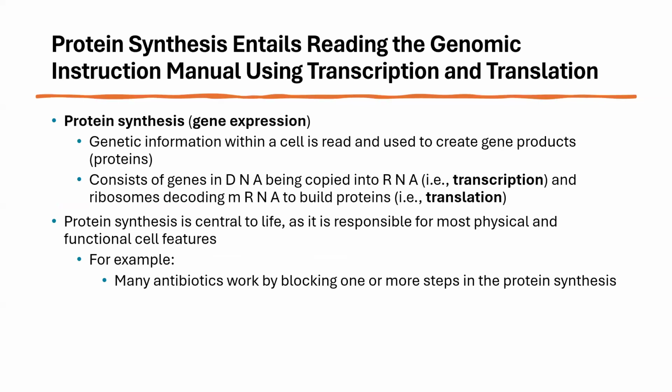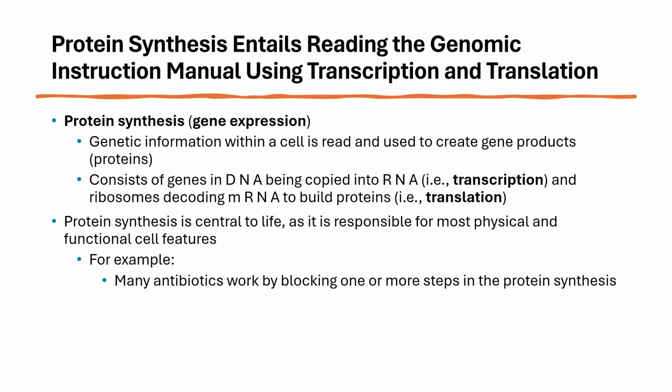So let's start out with just some basic explanation. Protein synthesis, which is what is necessary to actually express genes, is when we take genetic information within a cell and we create some sort of gene product. To do that, we have to first copy the DNA over to RNA through a process called transcription.